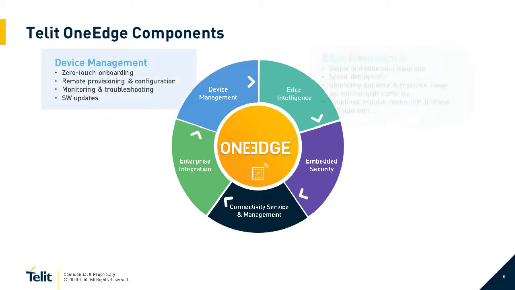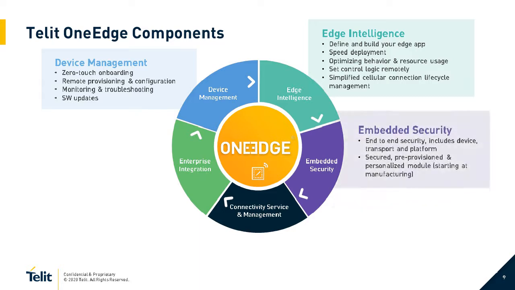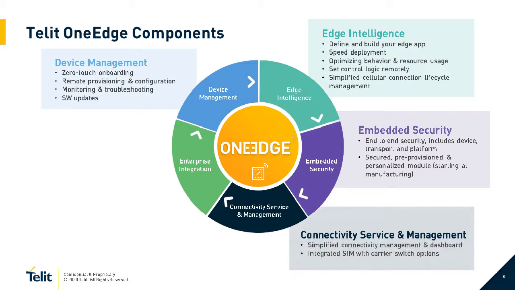So I'm going to step through these. What does OneEdge encompass? So today we're talking about device management. This is one aspect of what OneEdge does. But as we spoke about earlier, OneEdge is fundamentally a set of pre-configured Telit modules, and today it's our Cat-M and narrowband IoT modules that enable us to load specialized software that communicates across a lightweight end-to-end network protocol.